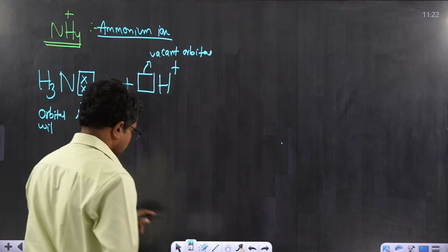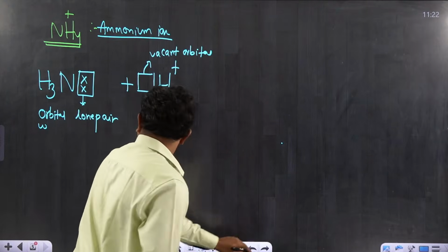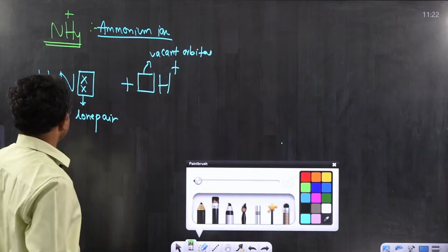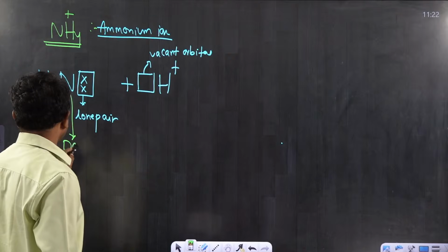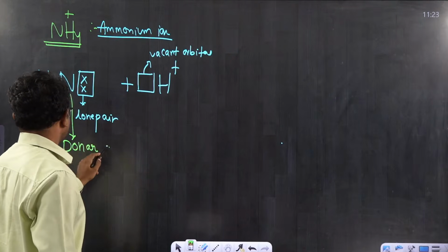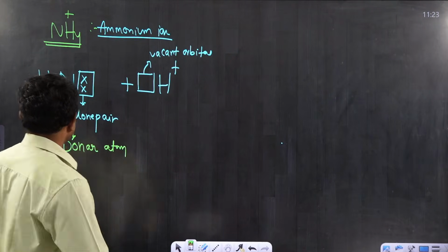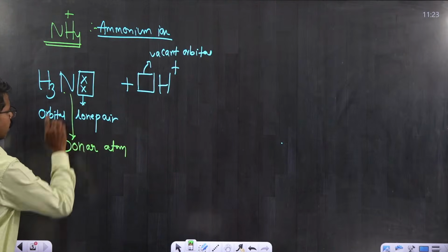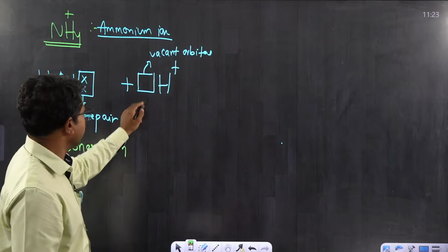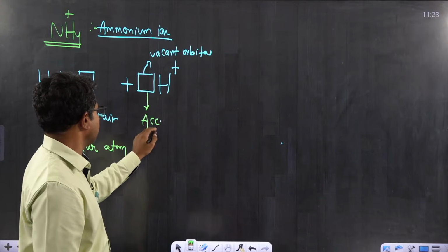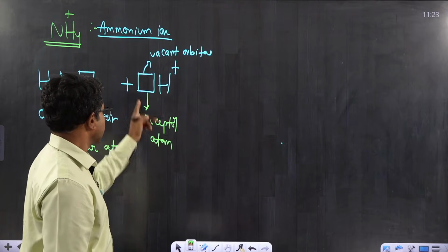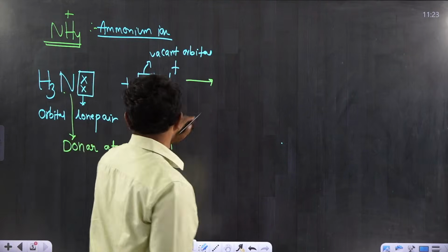And the other atom has a vacant orbital. Now, I can say this is the donor atom. Why is it considered the donor atom? Since in nitrogen one of the orbitals is with a lone pair. And this can be considered the acceptor atom since it has a vacant orbital.